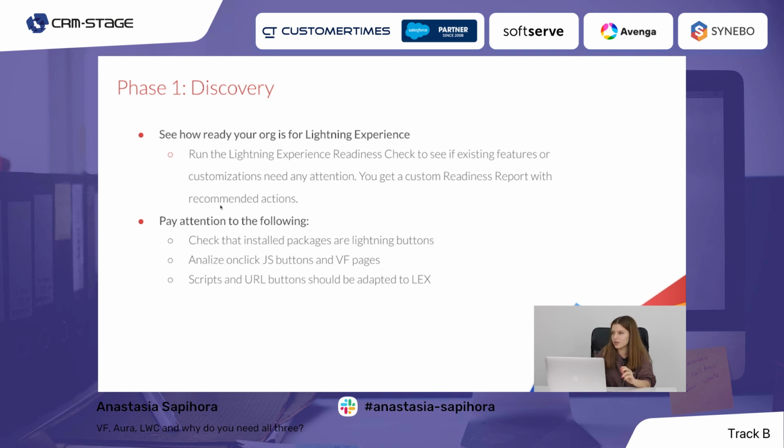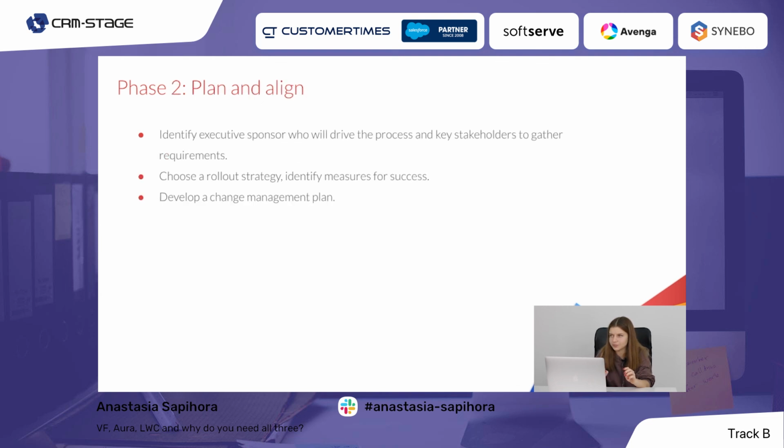You can use the Experience Readiness Check to see if existing features and customizations need any attention. And pay attention to your packages, analyze your onclick JavaScript buttons, script and URL buttons, because in some cases you will need to adapt them for Lightning.